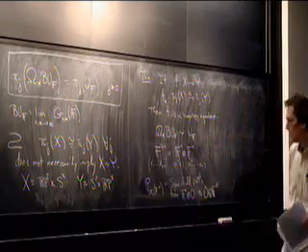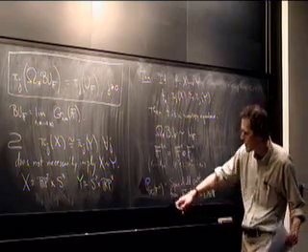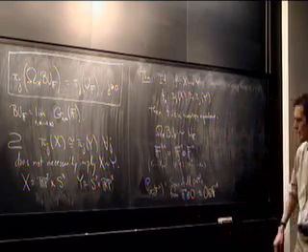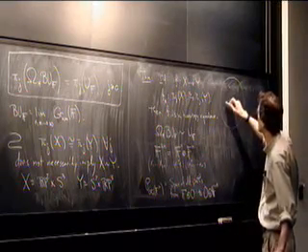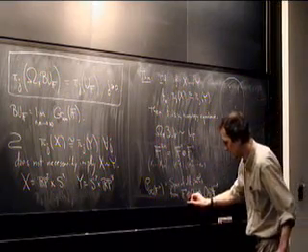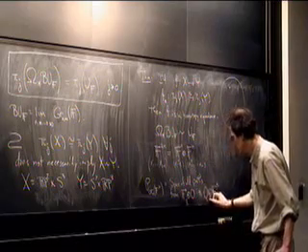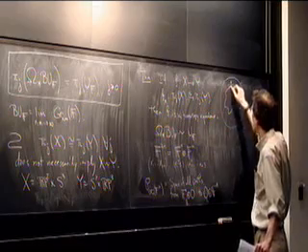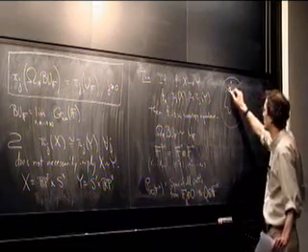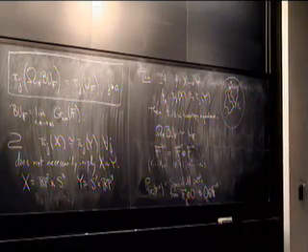So these are 2 points in the Grassmannian. Here's my Grassmannian. I fix 2 points. Let's call them P1 and P2. Now I'm looking at all paths from P1 to P2. So it's an infinite dimensional space.